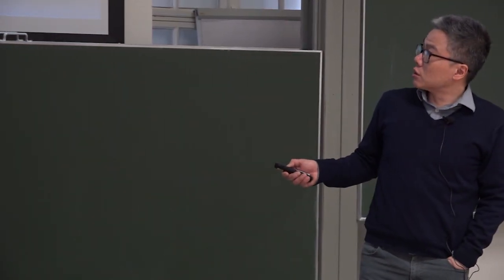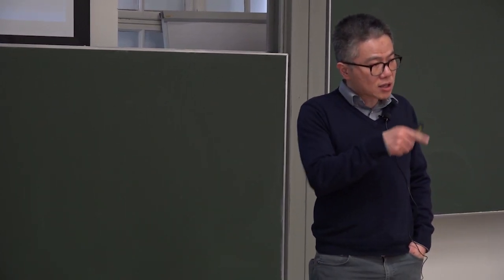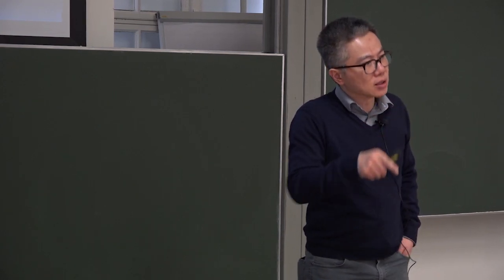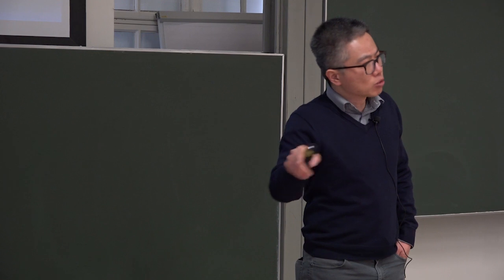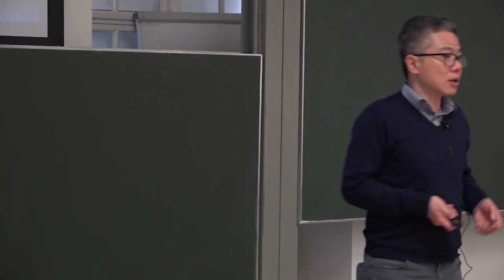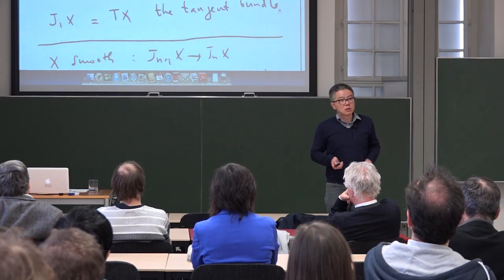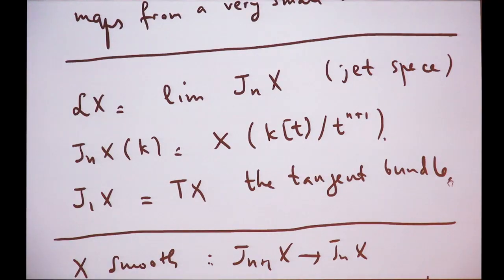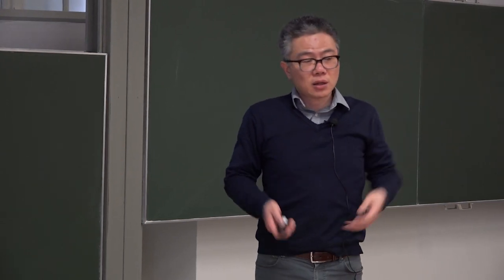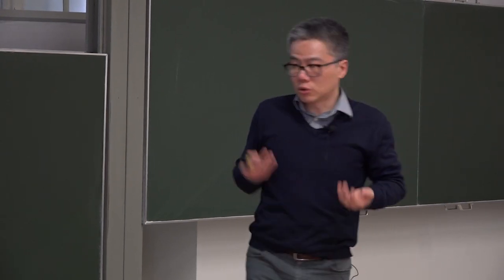For instance, if you look at the first jet space, instead of x1, you look at x1 + x1' t, and no t squared. Put the same equations, and you actually get the tangent vectors. So J1 of X is the tangent bundle of X, and J2 is just more derivatives, and so on. And of course, the arc space is the whole set of jets.